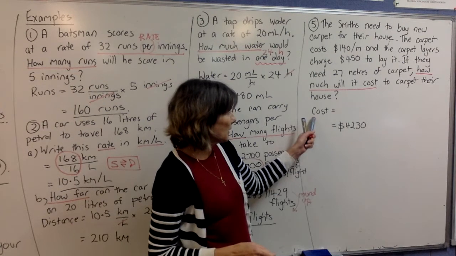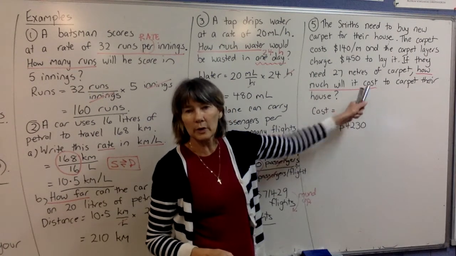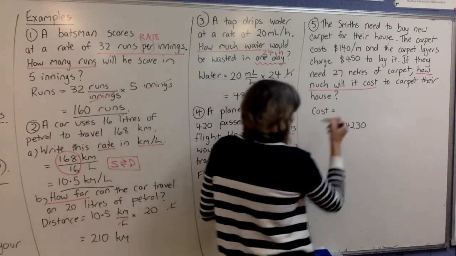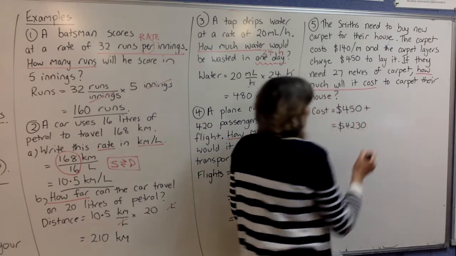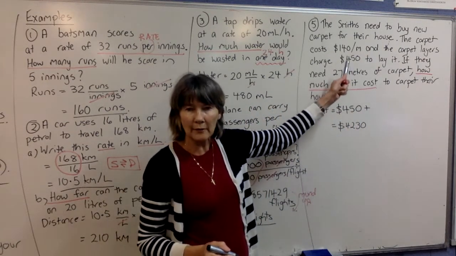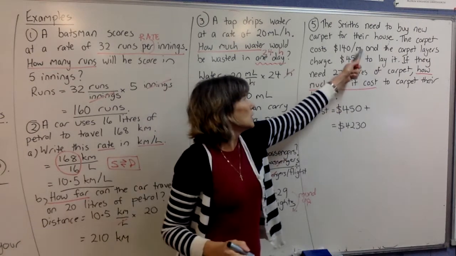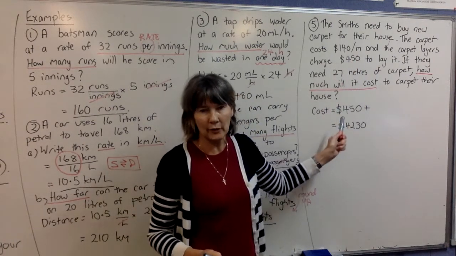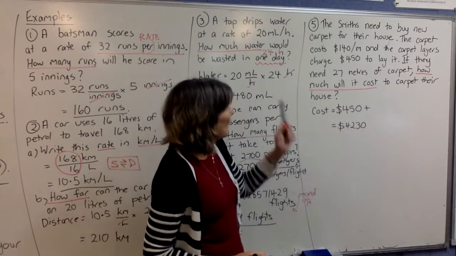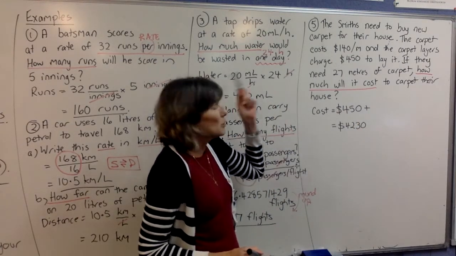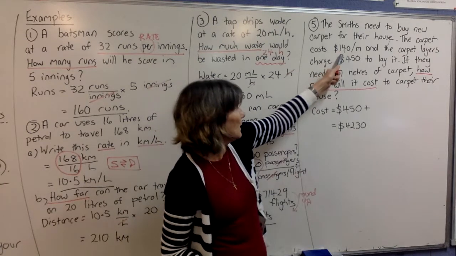Okay, so we're going to write down cost equals, because that's what we're trying to find. I'm going to write down $450 plus, because we're going to make sure that we have the cost to lay the carpet written down first. $450 plus. All right, so now we're going to do our rate, which is up here.